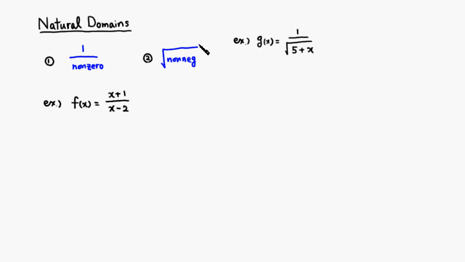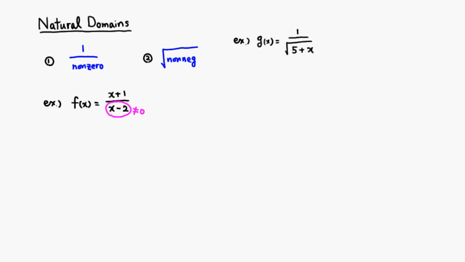All right, so let's look at a couple of examples. First one is a rational function, f of x equals x plus 1 over x minus 2. You can see that there's a fraction there, so we have to make sure that the denominator cannot be 0, so non-zero.